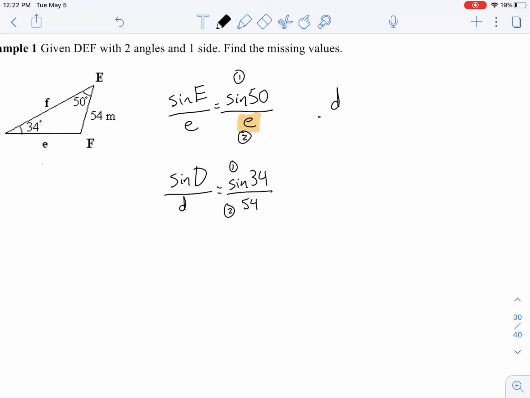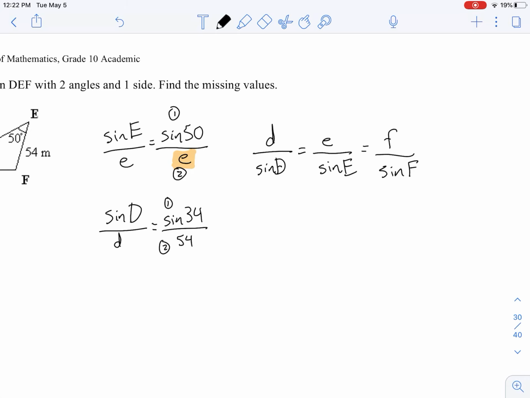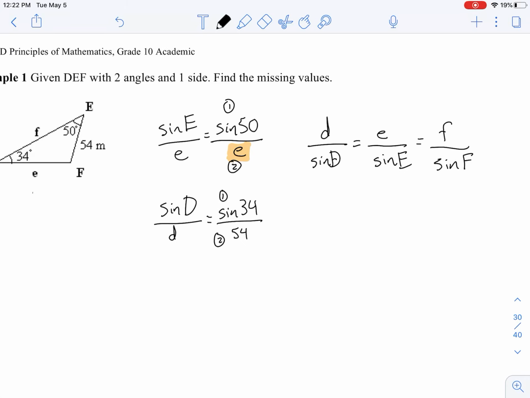I'm going to say D over sine D is equal to E over sine E. And this is what I mean by you only use 2 of the 3 ratios. Technically we could write F over sine F as well, but you only ever need 2 of these 3 ratios. So I'm just not going to use this one quite yet, so that way I only have 1 equal sign that I'm worried about.